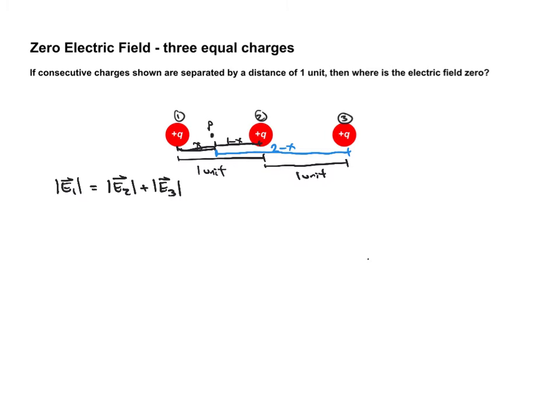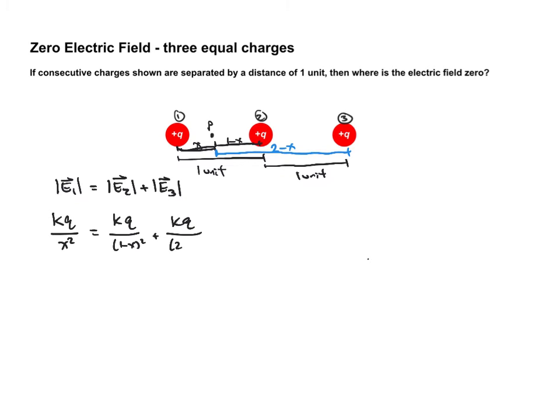So that's the equation I'm going to solve. I'll replace them with the formula for electric field from a point charge. So KQ over x squared equals KQ over (1 minus x) squared plus KQ over (2 minus x) squared.